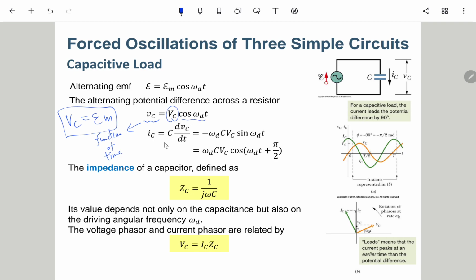And then here we have IC. IC does not satisfy Ohm's law anymore, because it's a capacitor. So here we have IC equals C dVC dt. We plug in this expression and take the derivative, so we have C times VC, and the derivative of cosine becomes negative sine, and by the chain rule we have omega d coming out.